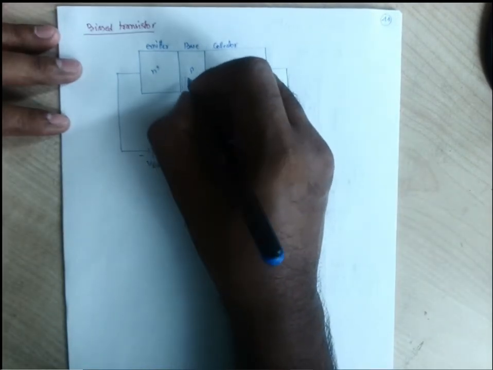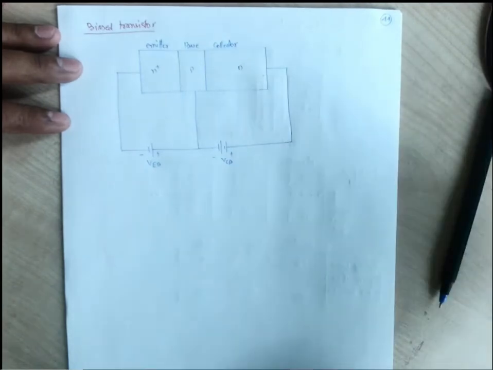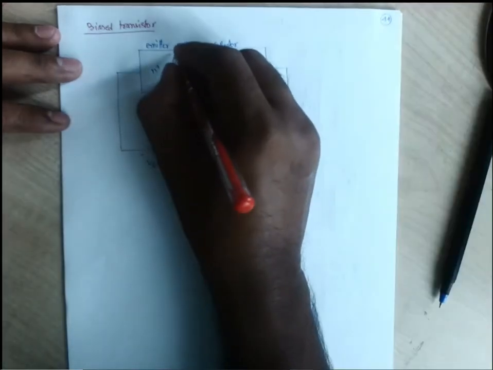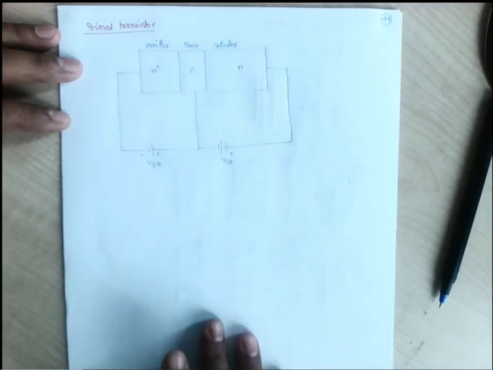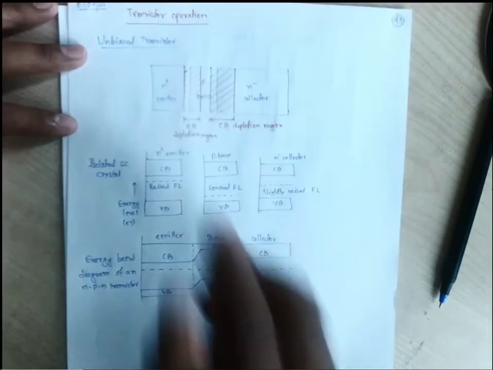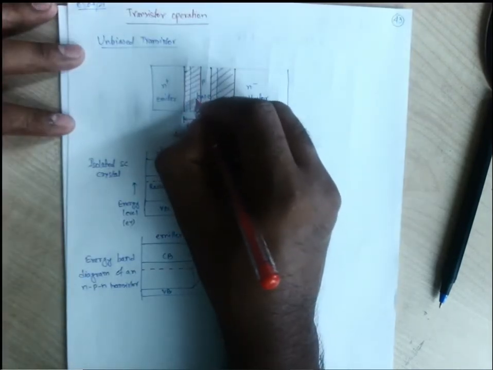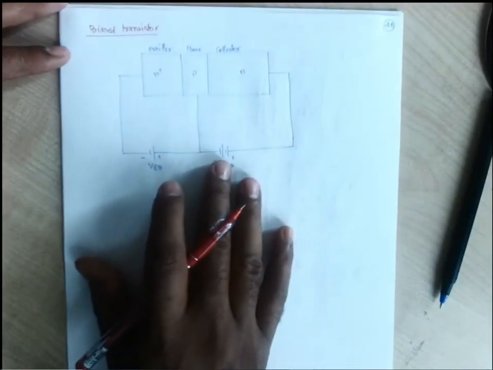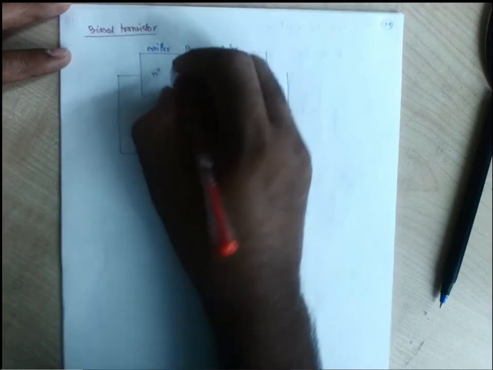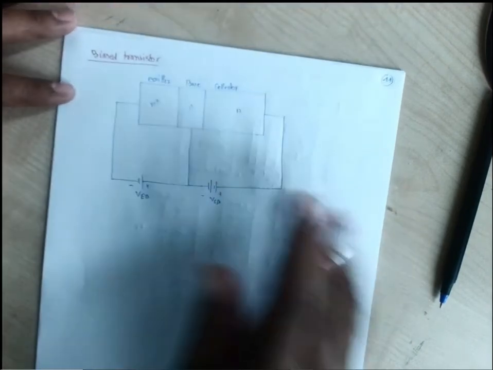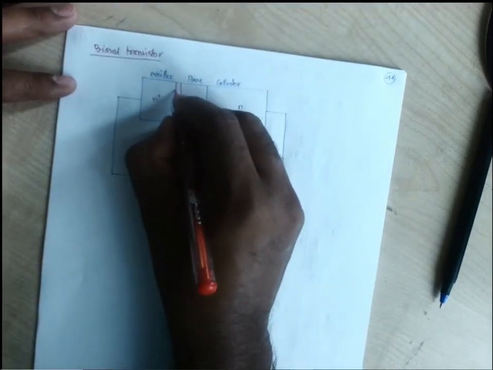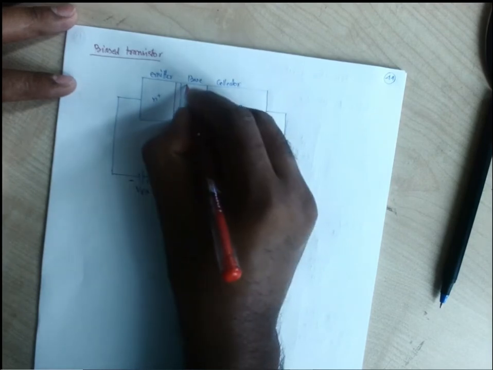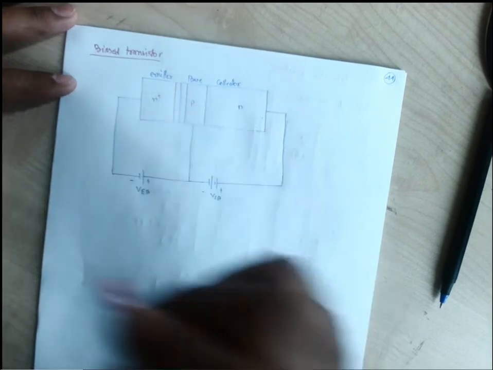So here the depletion region width will get lowered as it is given the forward bias. Compared to the unbiased transistor, this depletion region width will get lowered. Lowered depletion region.